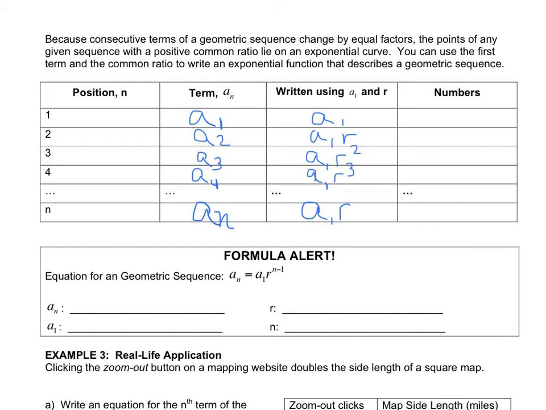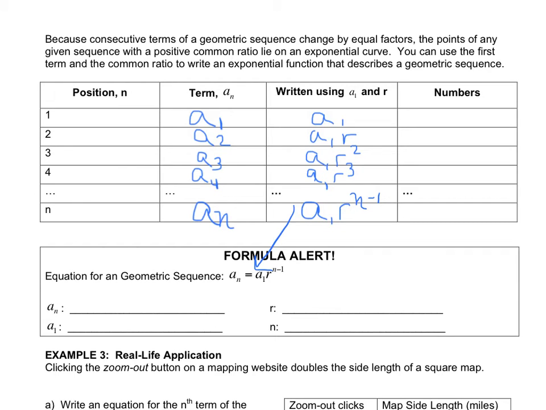What I mean by that is if I look at the second term, a sub 2, it is r to the first power. a sub 3 is r to the second power, or r squared. a sub 4 is r to the third. So the pattern is n, which is the position, minus 1. And you'll notice down here, this is the formula that we're dealing with: a sub 1 times r to the n minus 1.